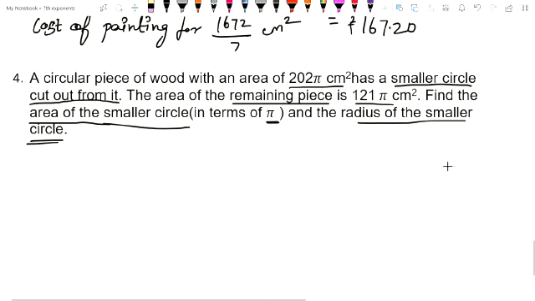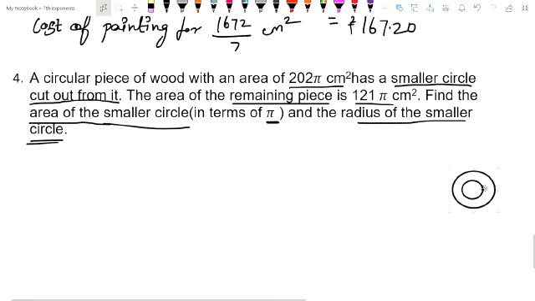See here, this is the outer circle. In this, we have the smaller circle. In the outer circle they are cutting out the smaller circle.